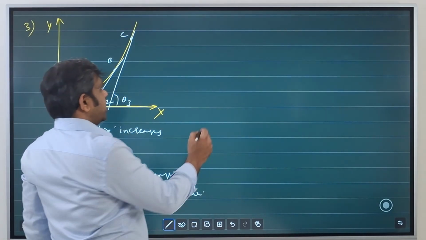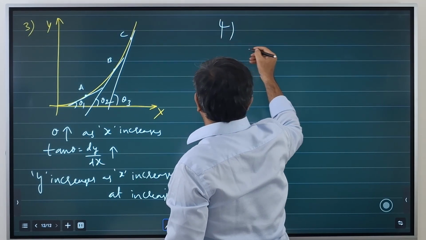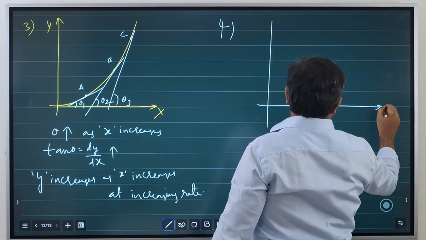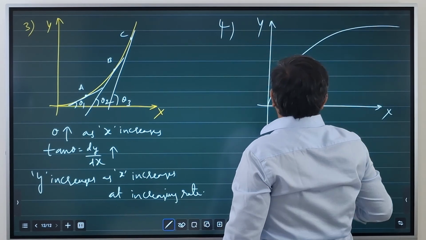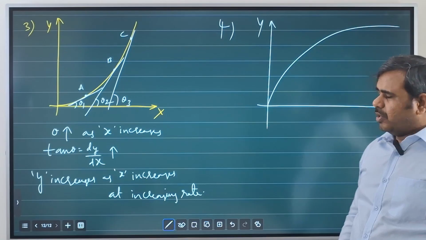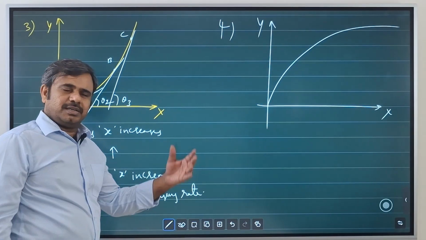Okay, look at one more. Look at this graph. What is happening to y as x increases? Y increases.